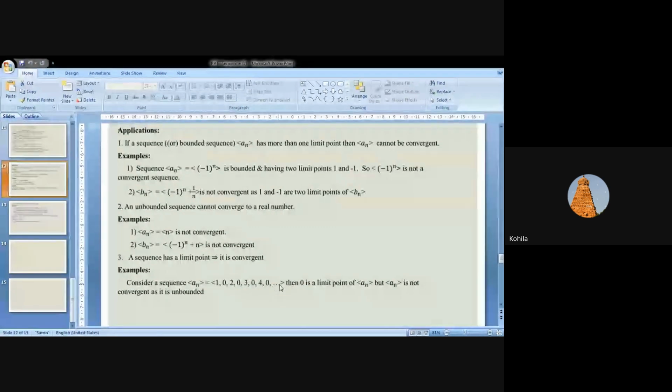Then 6, 0. It is an unbounded sequence, but it has a limit point 0.